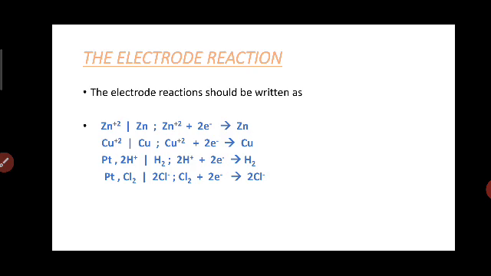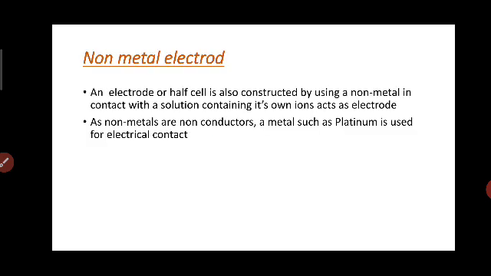Non-metal electrodes. In the hydrogen electrode, we have to maintain a universal electrode, that is the platinum. In non-metal electrodes we always have to use platinum as the electrode.